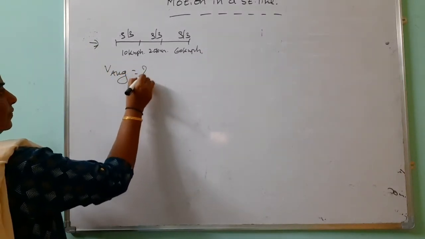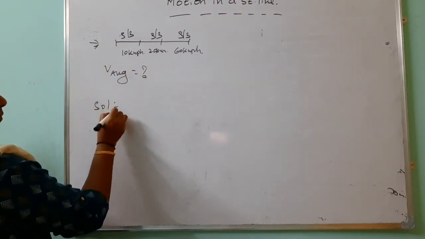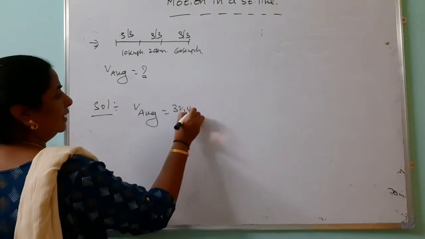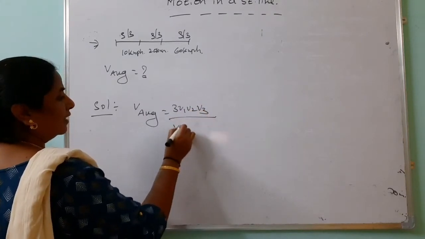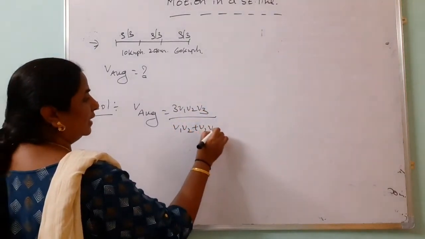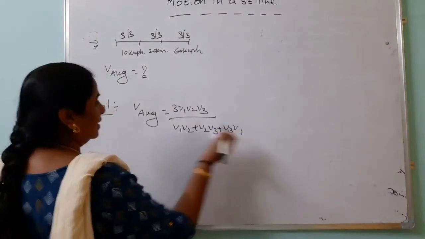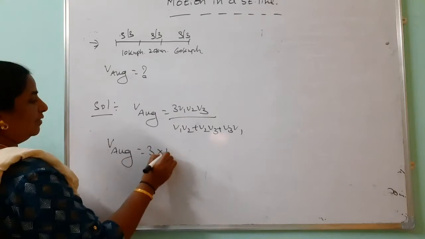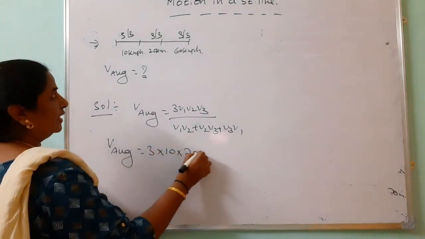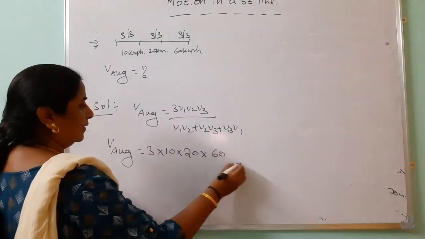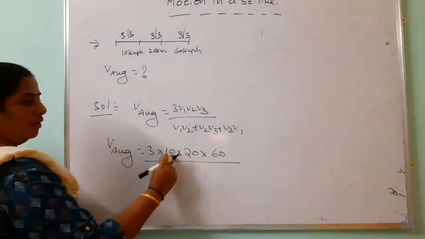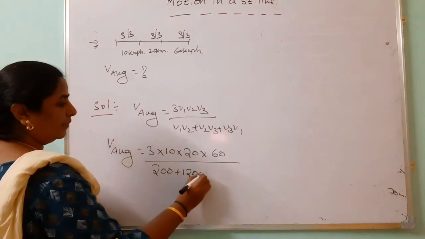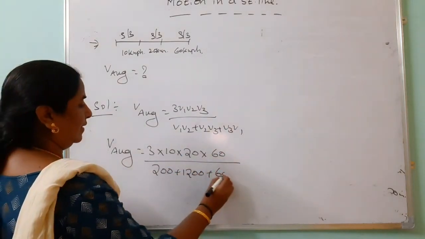Directly we can take this formula, V average equals 3 v1 v2 v3 by v1 v2 plus v2 v3 plus v3 v1. So V average equals 3 into v1 is 10, v2 is 20, and v3 is 60, and here v1 v2 is how much? 200, this is 1200, and this is 600.